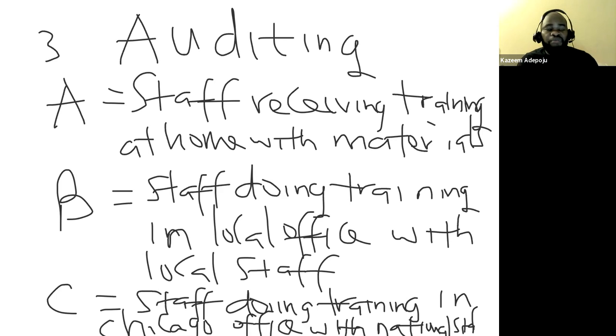Maybe after the training, you assign your staff randomly to these three groups, and after the training, you actually have a measure of the proficiency in auditing. You measure that level, and you now compare across groups.